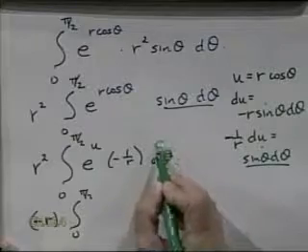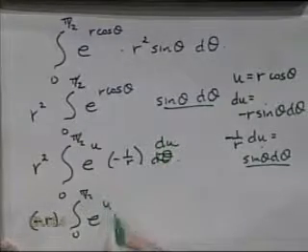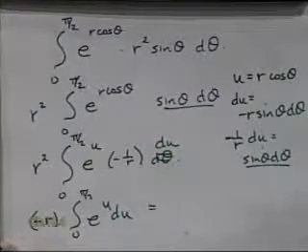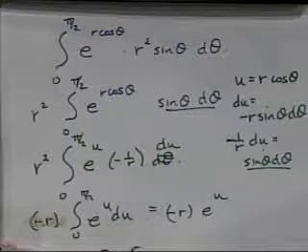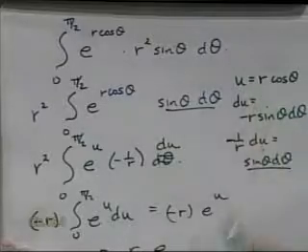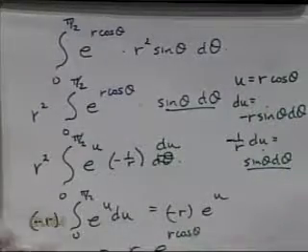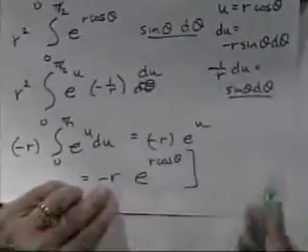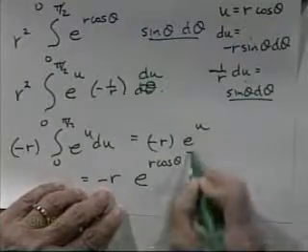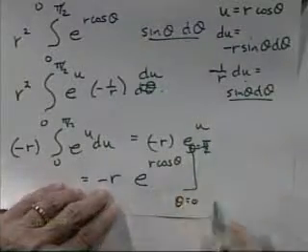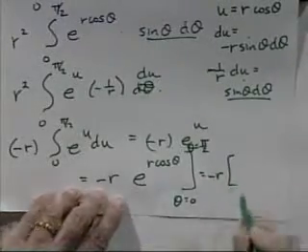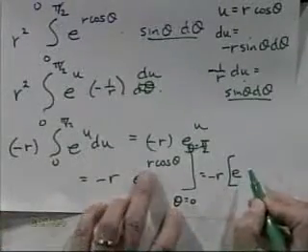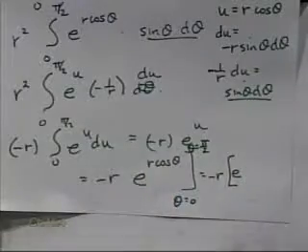Oh, this was a du, excuse me. e to the u du, which is e to the u. And what's u? u was r cosine theta. And we're going from theta equals 0 to theta equals pi over 2, which is going to give us minus r times e to the r cosine pi. I need another piece of paper.